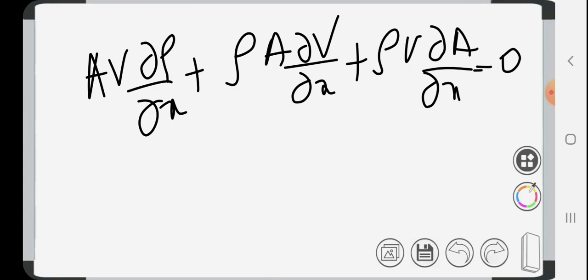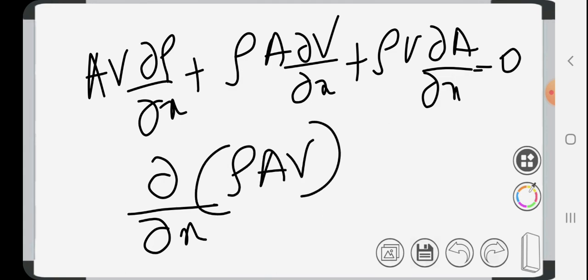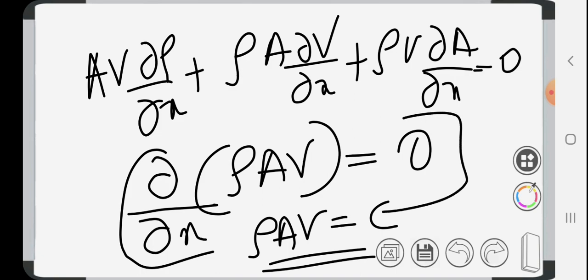This can be simplified into dou by dou x of rho A v equal to 0, which means rho A v equals constant. If you apply the product rule to this, you will get the previous equation, right?